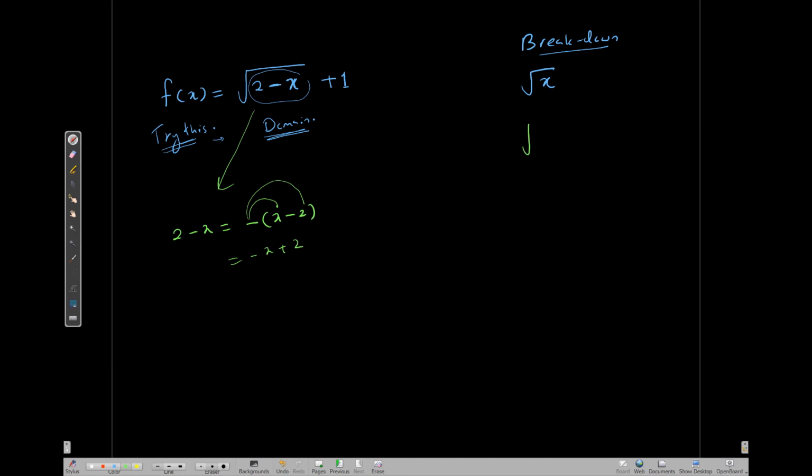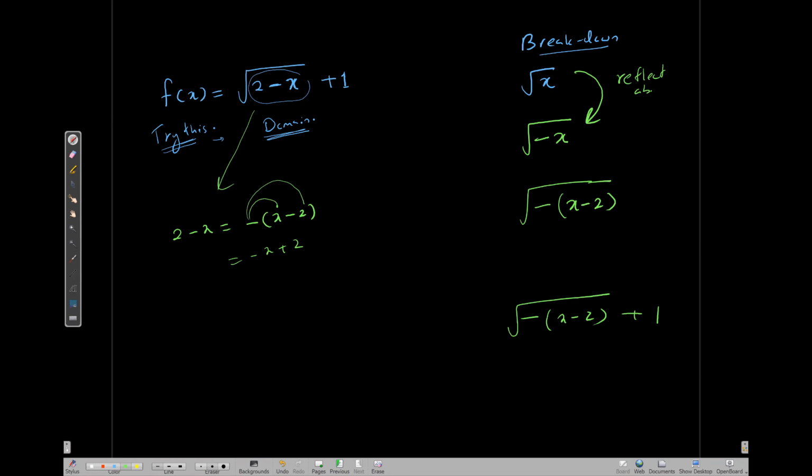So what I would do, next step, minus x minus 2, and finally minus x minus 2 plus 1. This is my breakdown. So from here to here, it is a reflection about the y-axis this time, because this is f of negative x.